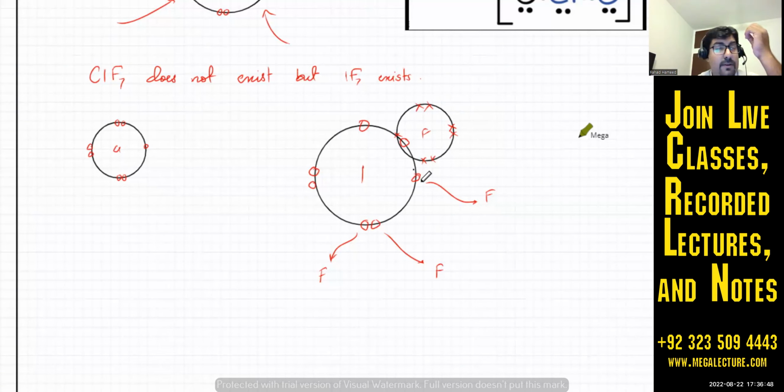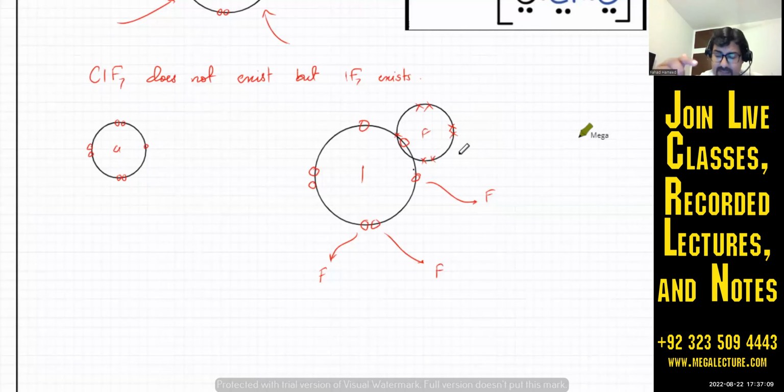It's going to be easy to form covalent bonds. But with chlorine, it's not willing to even share electrons because chlorine is already holding on to its electrons very strongly. So if the other atom is pulling, not very good covalent bonding would happen because it's not willing to let go of its electrons.